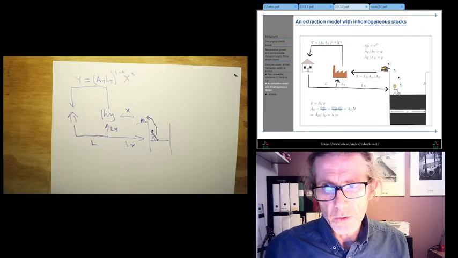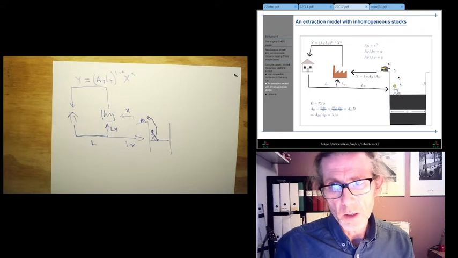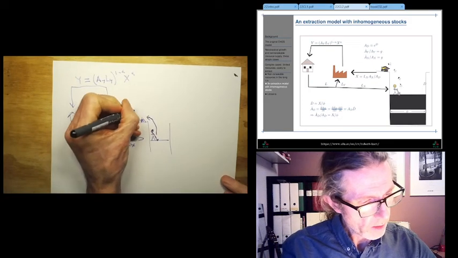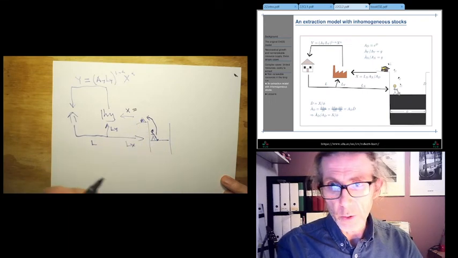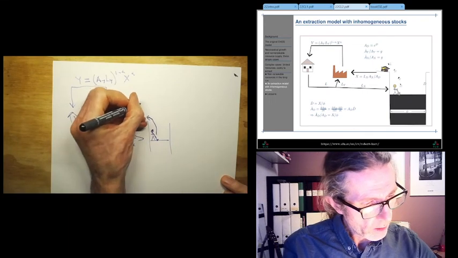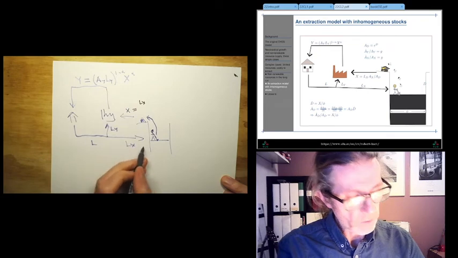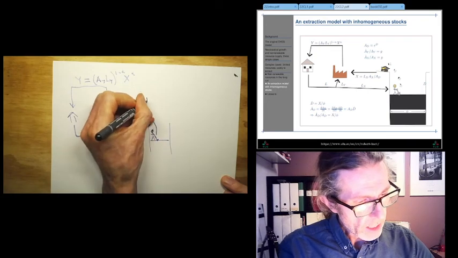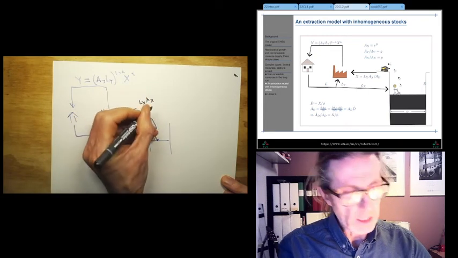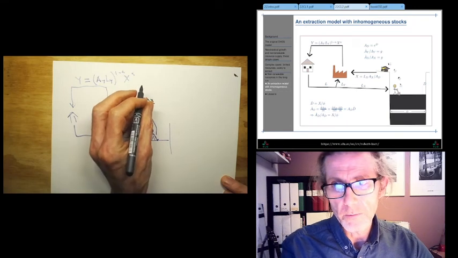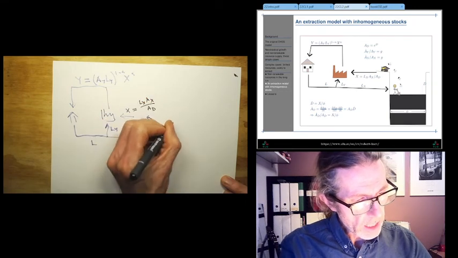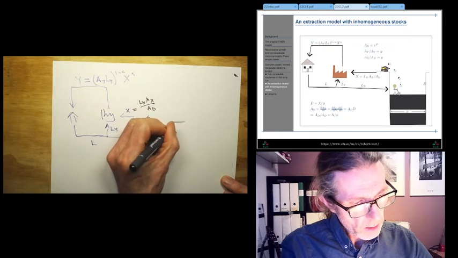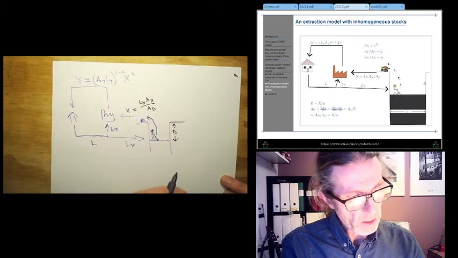So what else is going on? So X, the rate of extraction here per hour or day or whatever units we've got, is Lx, which is just the amount of labor, times Ax, which is the productivity of that labor, divided by AD, and AD is some function of D, the depth.